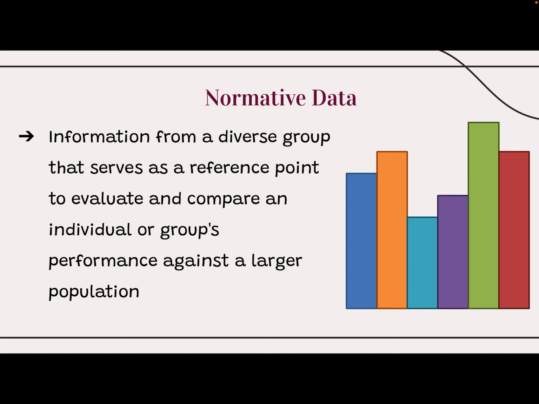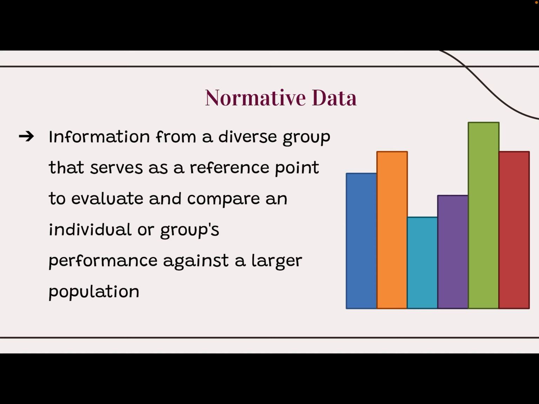Let's say that the normative data for the MAP reading test in the 8th grade shows an average RIT score of 238. And let's say that that's represented on this bar graph as the orange bar. Individual students' scores can then be compared to this norm to determine how well they performed relative to their peers.